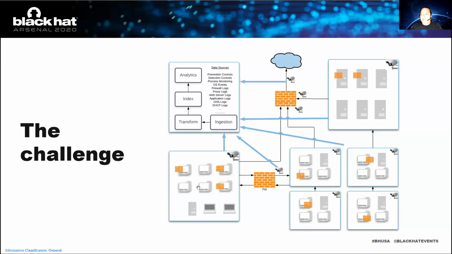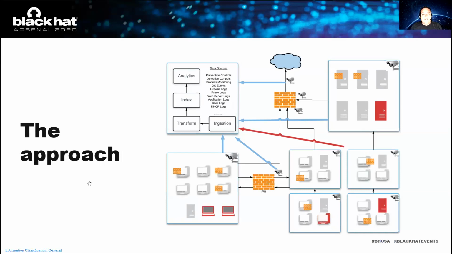So how do we address this challenge? Well, there are several ways, but for me, the most important way is adversary simulation. We can simulate adversary techniques, execute adversary techniques in different parts of our network.